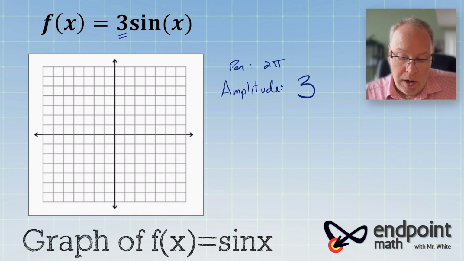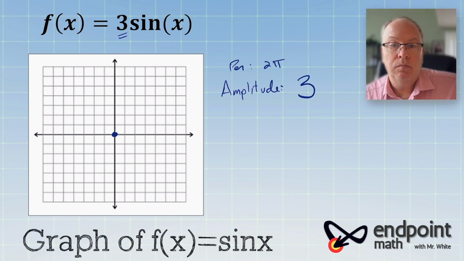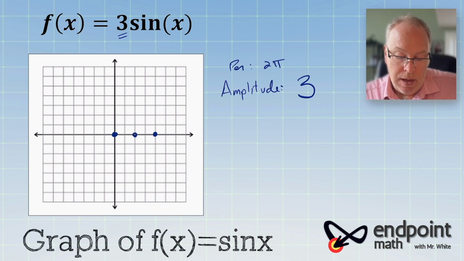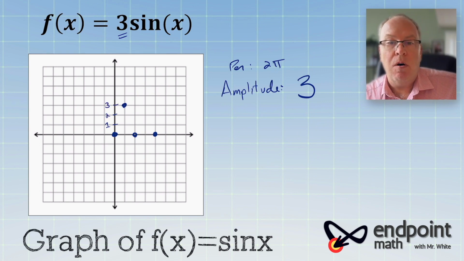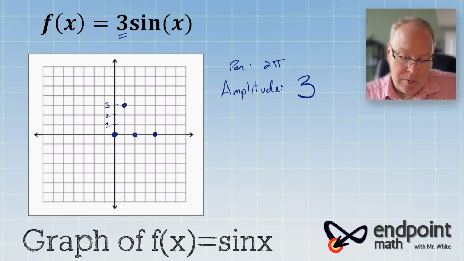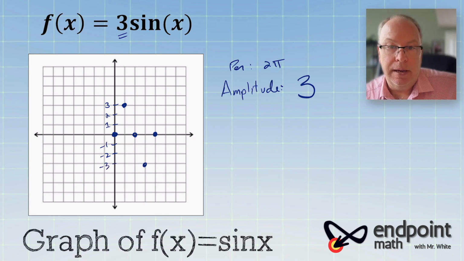So we're going to still start at 0. We're still going to finish after 4 quarters, after 4 quadrants. All right, and we're going to hit this in the middle also. But this time, instead of just going to 1, it's going to stretch all the way up to 3 this time. And then, instead of just going down to -1, this is going to stretch all the way to -3.